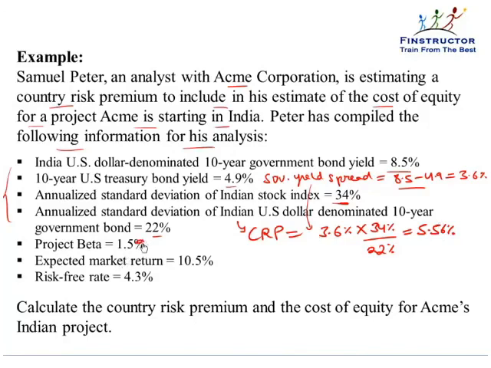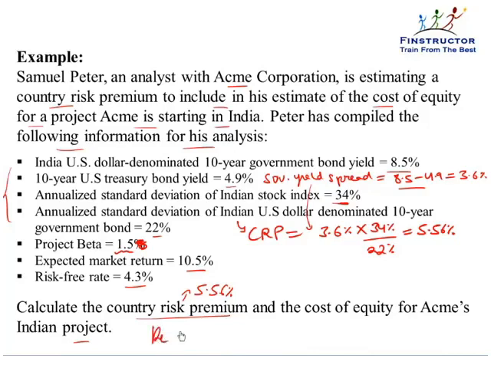The project beta is equal to 1.5 units. The expected market return is 10.5 and the risk-free rate is 4.3%. So calculate the country risk premium. We've done that. That is 5.56%. And the cost of equity for Acme's Indian project.